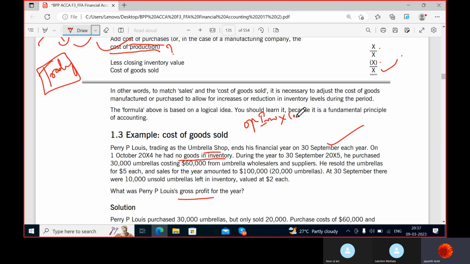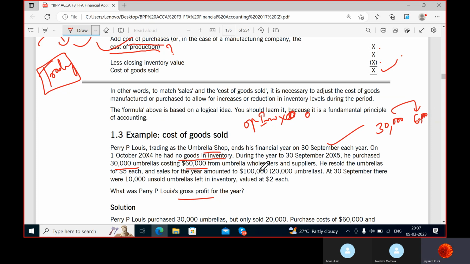During the year to September 30, 2005, he purchased 30,000 umbrellas costing $60,000. So purchase is given. This is the purchase.